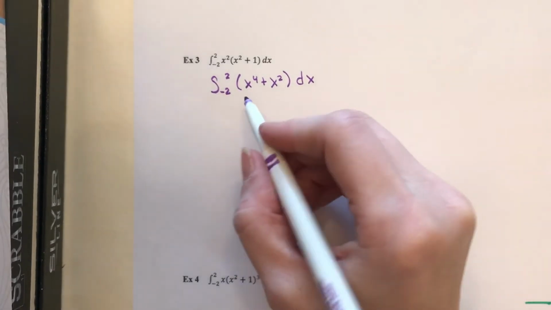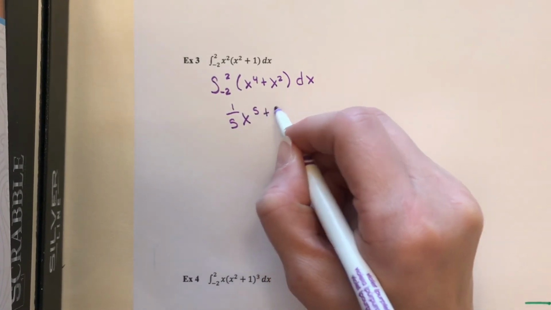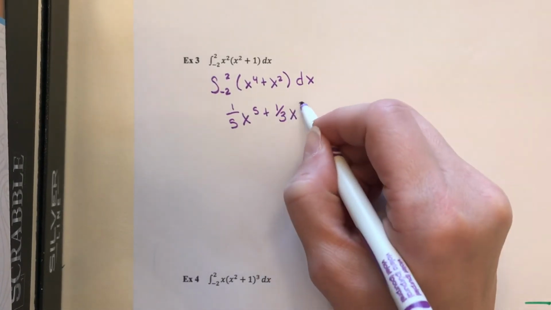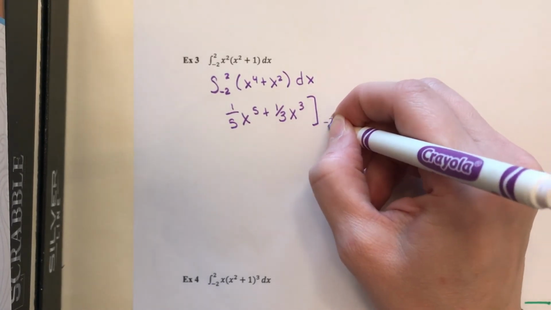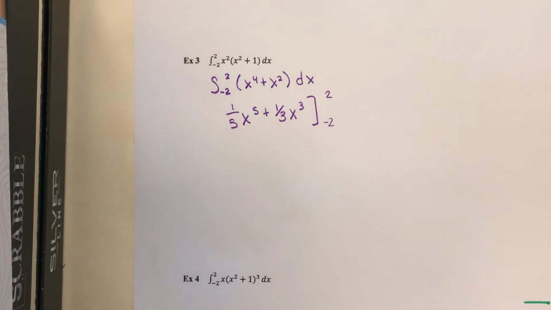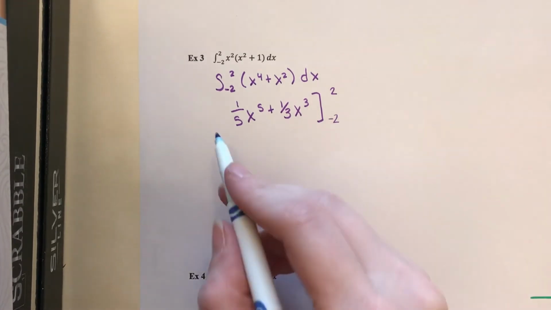So I'm going to add and divide, so that's 1/5 x to the 5th plus 1/3 x to the 3rd. And we're evaluating this from -2 to 2. Okay, so top minus bottom. I'm going to plug in the 2 first.